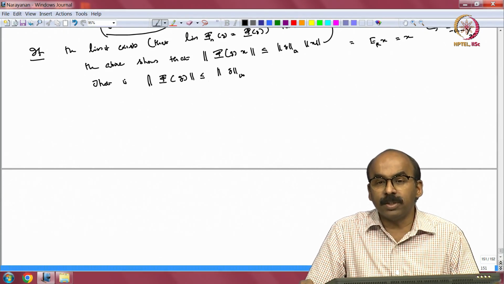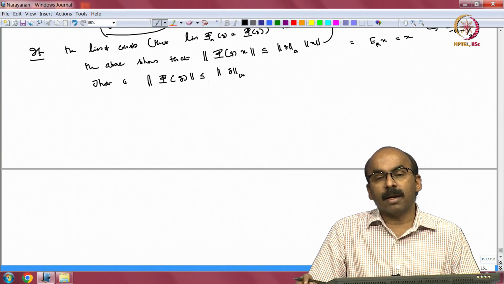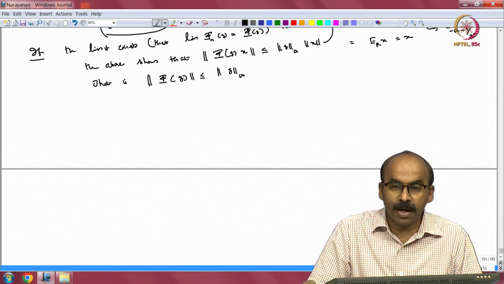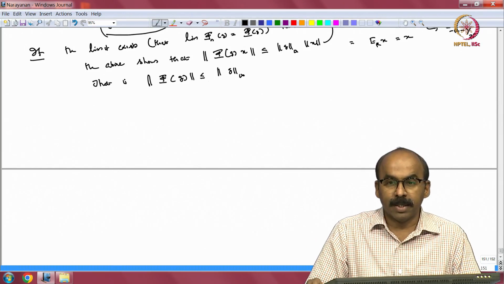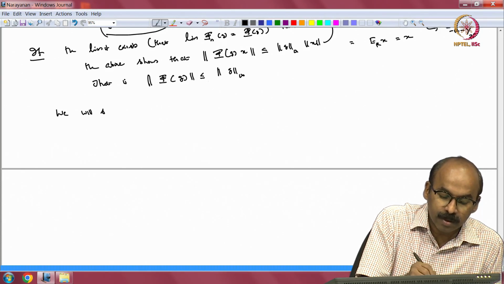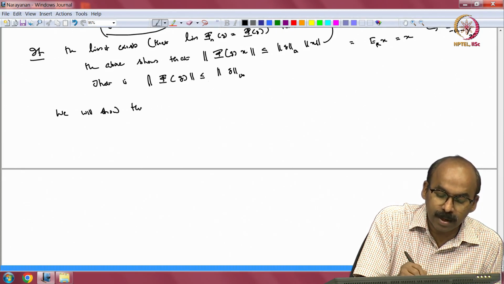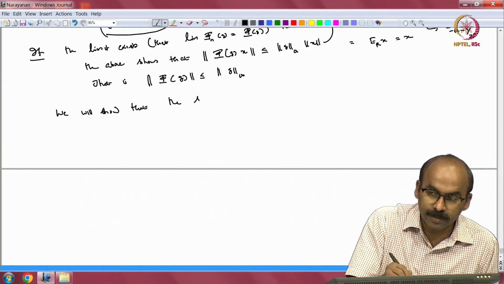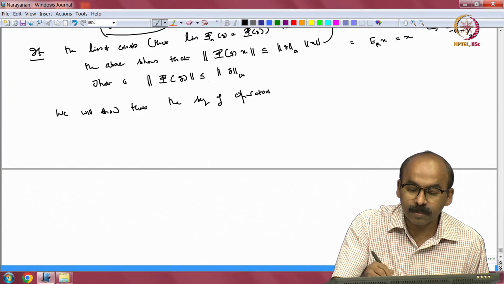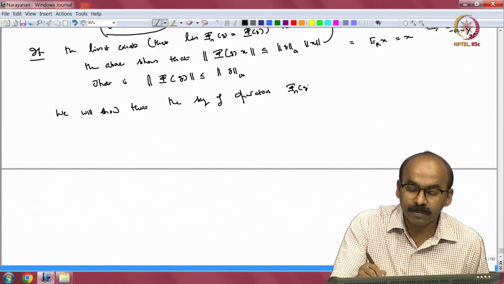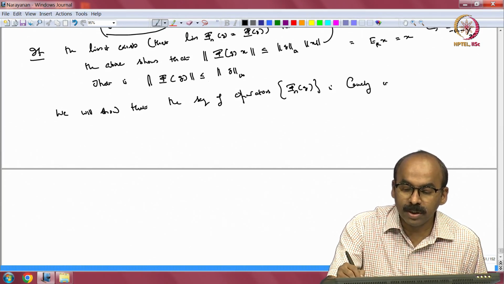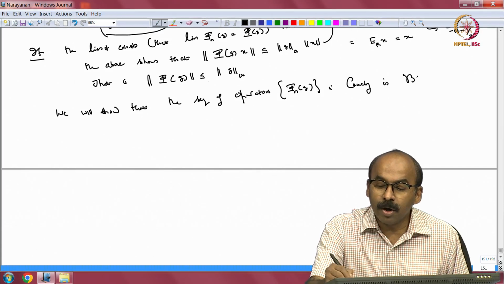If that is Cauchy, then we know that it will have a limit, because these are bounded operators, and bounded operators form a complete space. So, we will show that the sequence of operators phi_n(g) is Cauchy in bounded operators on H.